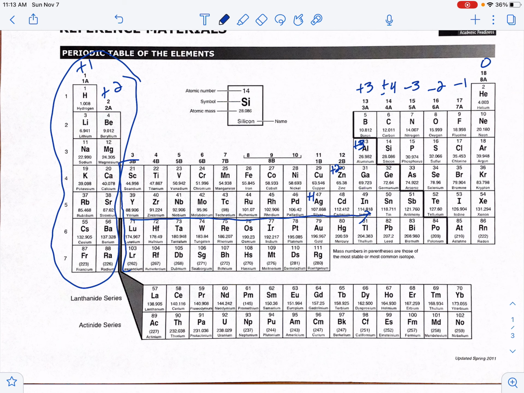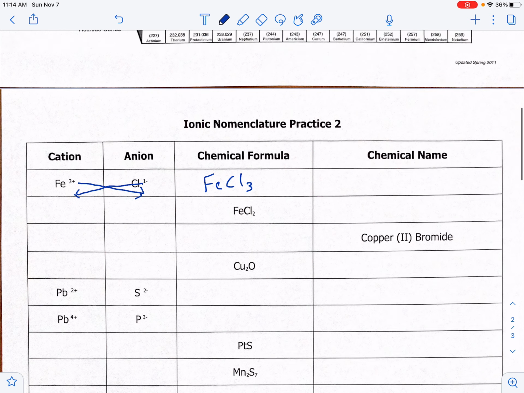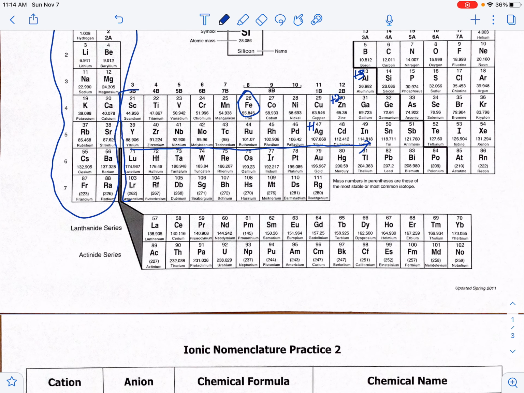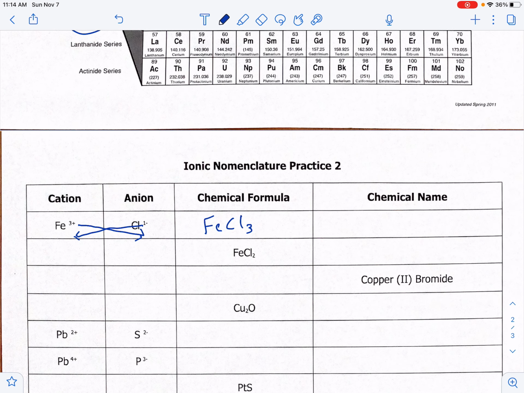Silver, zinc, and aluminum in the transition metal group do not need a Roman numeral as well. If those charges never change, you don't need to tell me the charge because we know it. In this case, iron is a transition metal, because if you look up here, iron is smack dab in the middle. That means you have to tell me the charge of iron in the name.